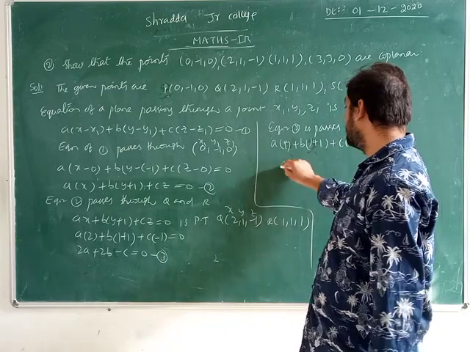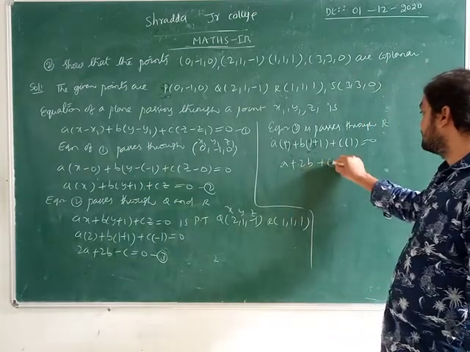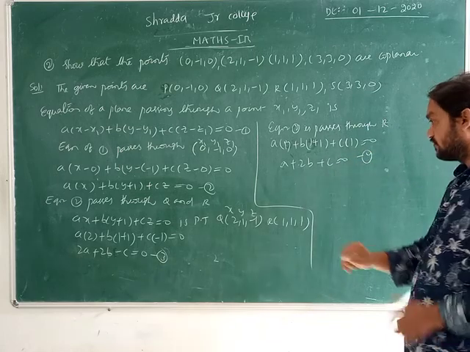Now this equals 0. Now a plus 1 plus 1, that is 2b, plus c equals 0. Now we take this as equation number 4.